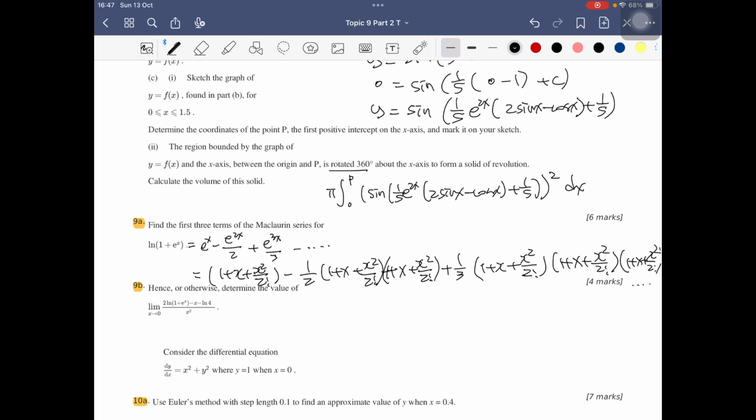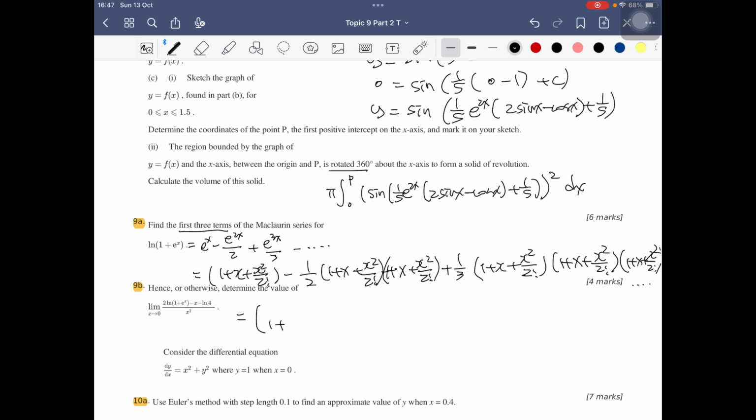I think we don't need more than this, because the first three terms are the constant term, the x term, and the x squared term. Let's see. What I do most of the time is find all the constant terms. Oh, no way.